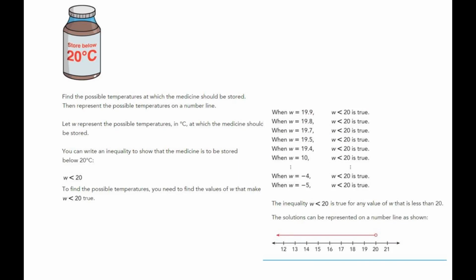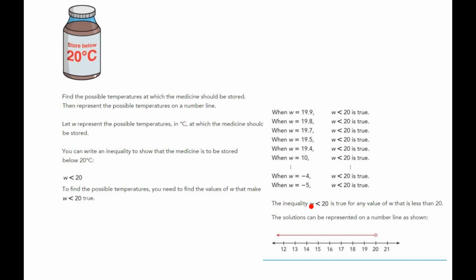When we look at the solutions here, it could be just a little bit below, 19.9, and so on. So we have our decimals showing just a little bit below. And of course, we have our whole numbers, like 10 is less than 20. We can also go all the way down to negative numbers, -4, -5, and so on. All right? So this takes all the numbers into consideration, not just your whole numbers.